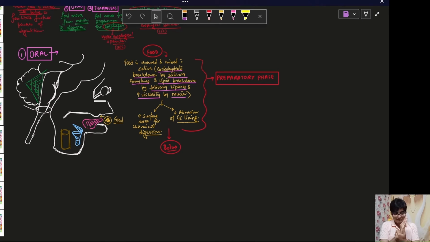That is about the tongue in action in the oral phase of deglutition.